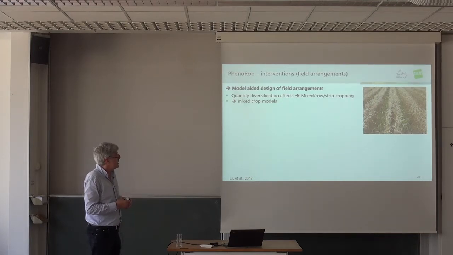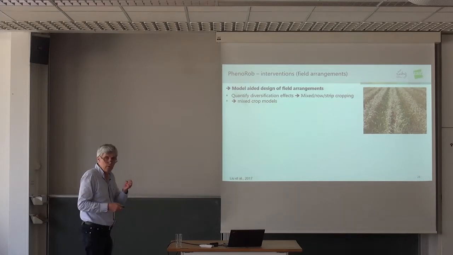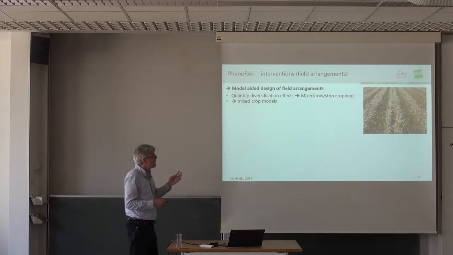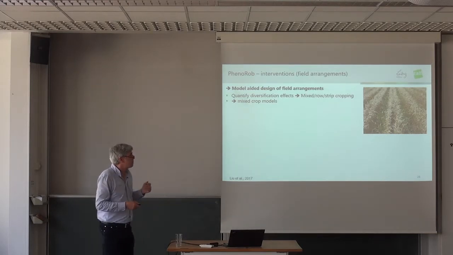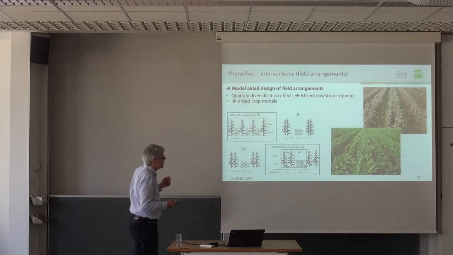I start with what we call mixed cropping, row cropping, strip cropping. We can use crop models to explore the effectiveness of these. There are examples where people have done that.